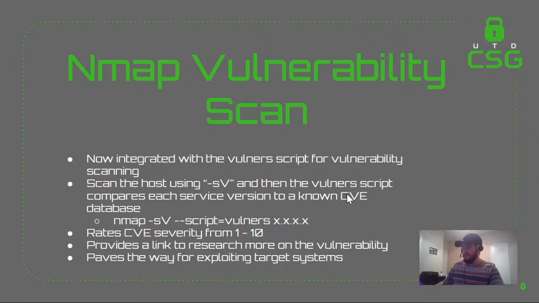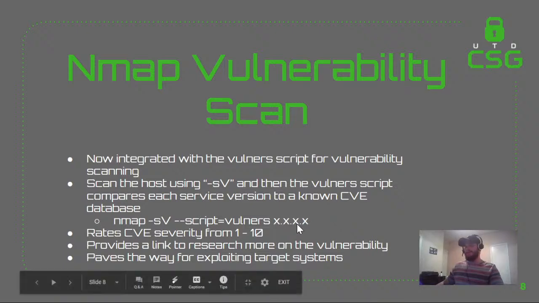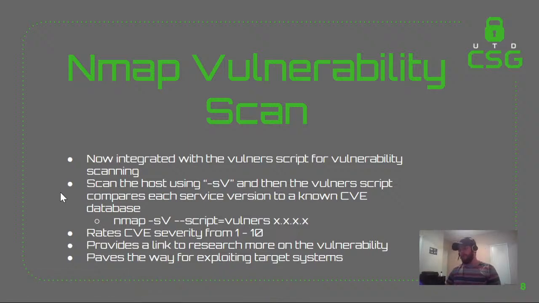So this is just a list of vulnerabilities it's going to query and bring back the result to you. These X's just represent an IP address that you're going to type in. It also rates each CVE in severity from 1 to 10. So generally when you run a scan, you'd want to look for the high-rated ones first if you're looking to exploit a system.